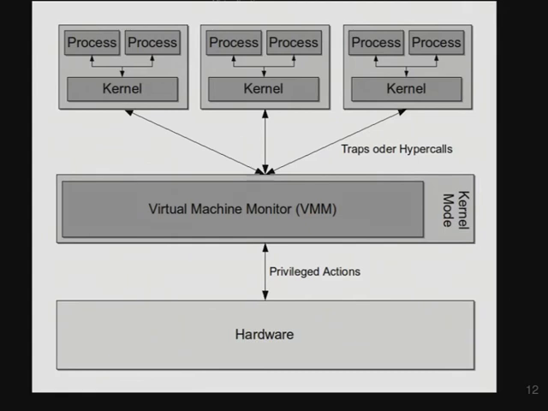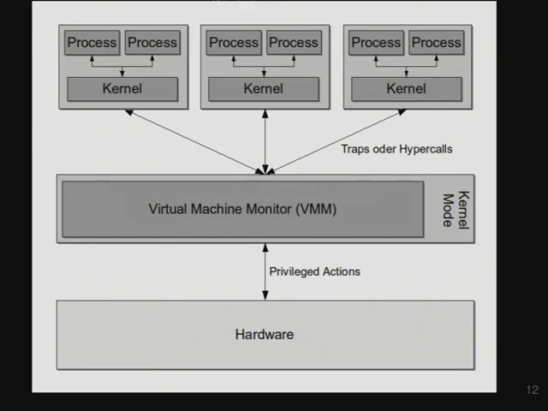So on this slide, you see a hypervisor with a virtual machine monitor running in kernel mode, and this virtual machine monitor essentially replaces an operating system kernel. And now every kernel has to use some other interface, either a dedicated interface, which we will see later on the concept slides, or a hardware feature.